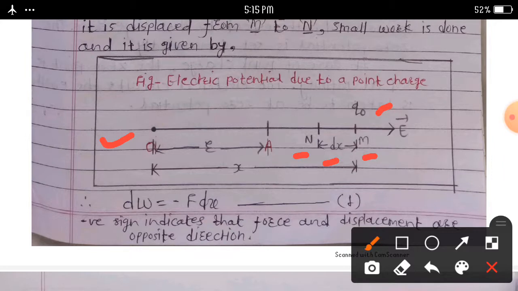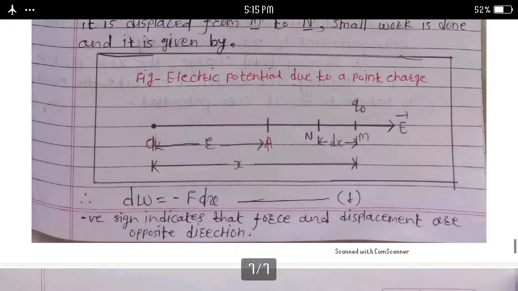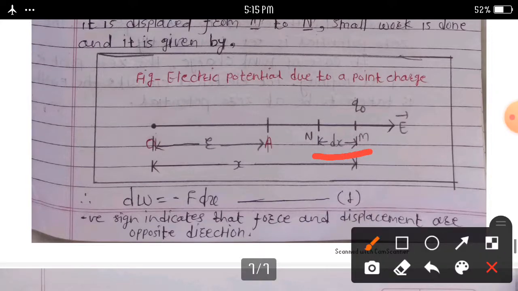This q0 is the test charge placed at point M. When it is displaced from M to N, a small work is done and it is given by dW is equal to minus F into dx.